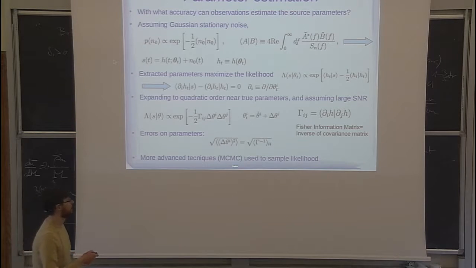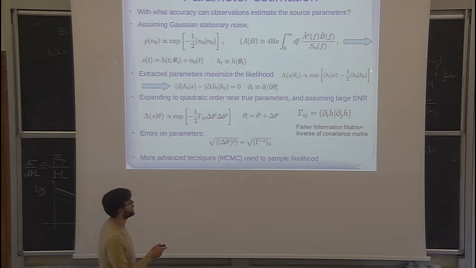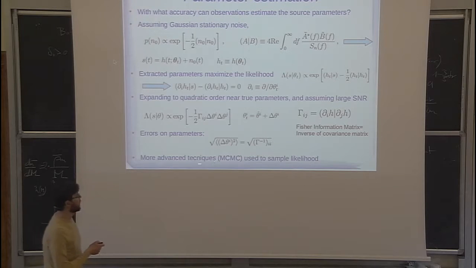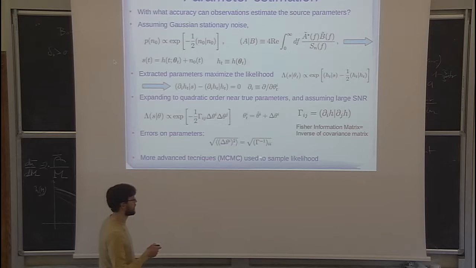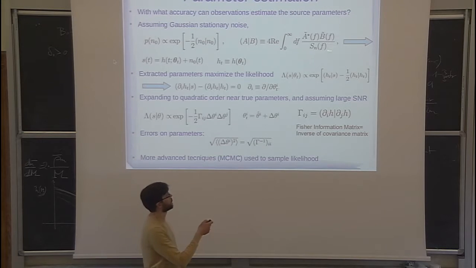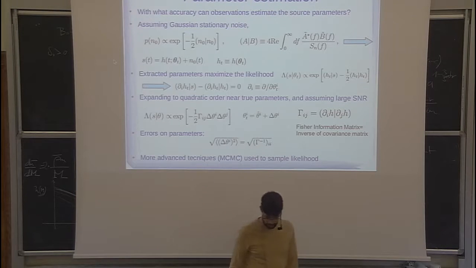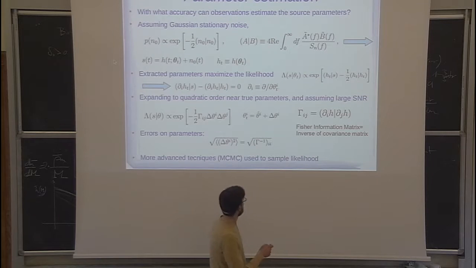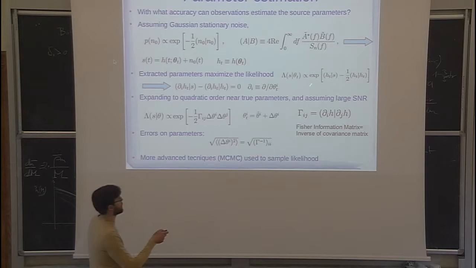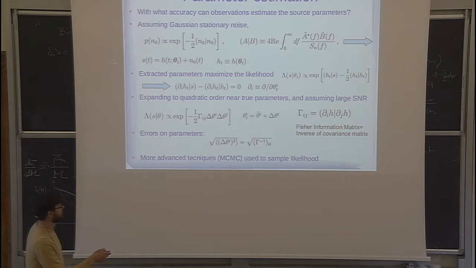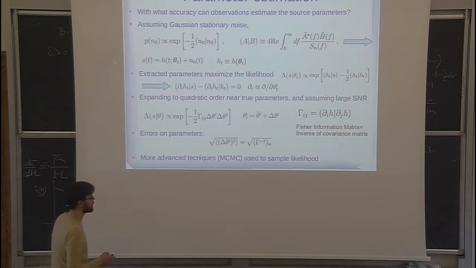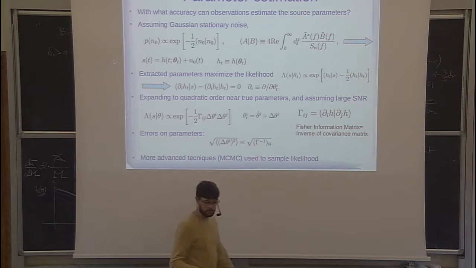To explore this likelihood function you need more advanced techniques, called Markov chain Monte Carlo techniques, which are used to understand the structure of the likelihood. This is far beyond the scope of this lecture, but keep in mind that what you do in practice is not just to plot the likelihood or to use a Fisher matrix approximation, but to use full-fledged Markov chain Monte Carlo techniques.